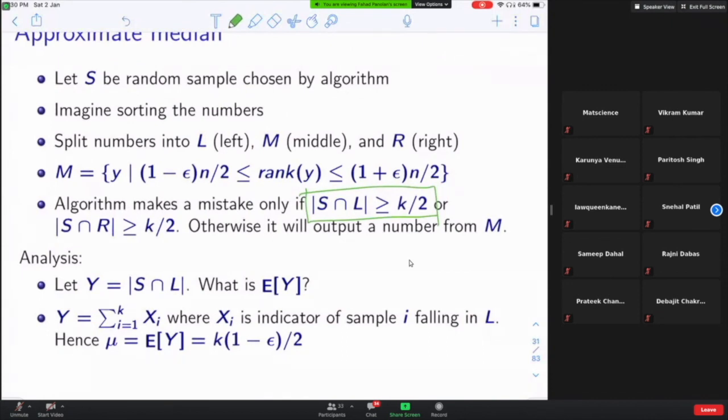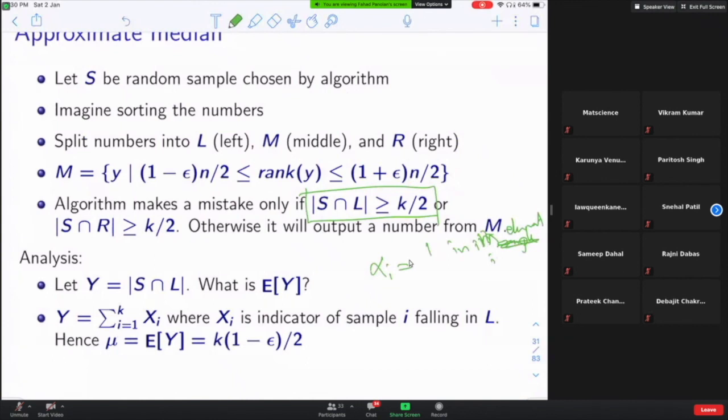I can write y as the summation, i going from 1 to k, of xi, where xi is the indicator of the ith sample falling in L. That is, xi equals 1 if the ith element in the sample falls in L. You are sampling k elements, right?